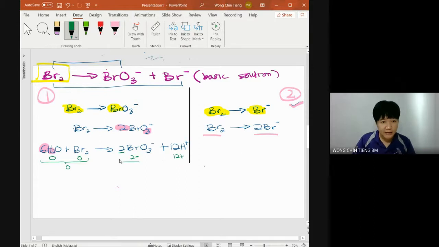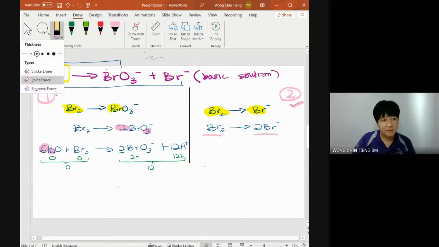So, 2 negatif dengan 12 plus, kamu akan dapat 10. 10 positive or 10 negative, ya? Positif. 10 positive. Kamu akan dapat 10 positive.